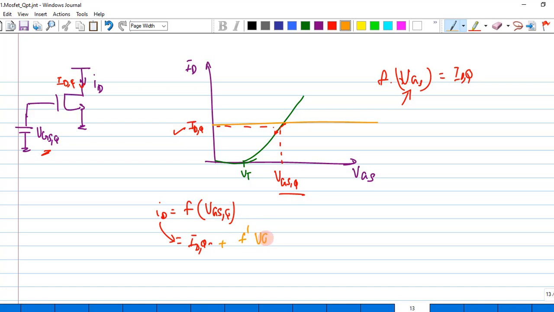the slope around the known value of VGSQ, and to that I also have to add, which is nothing but the small signal, okay? So the small signal, which I write as small VGS, okay? The difference of the value, okay?